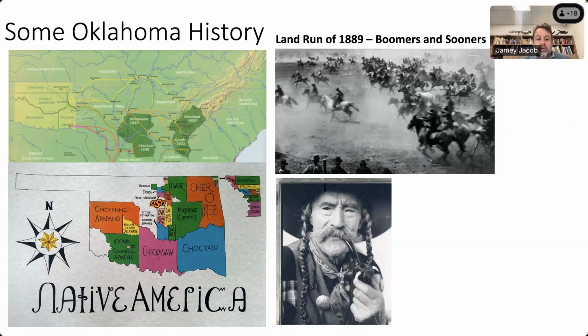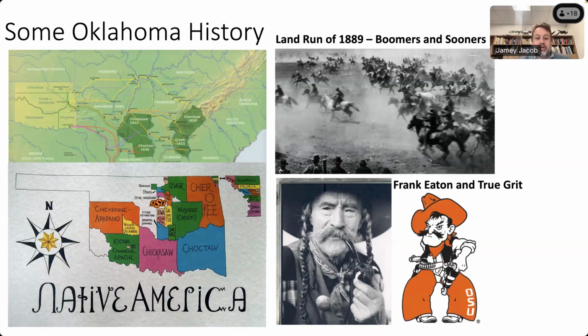For Oklahoma State University, we actually use a frontier marshal named Frank Eaton, who some say is the inspiration for the novel True Grit. As a child, his father was killed by some outlaw men. He became a marshal, and then in true Western fashion ended up hunting them down, and that's where our mascot comes from.